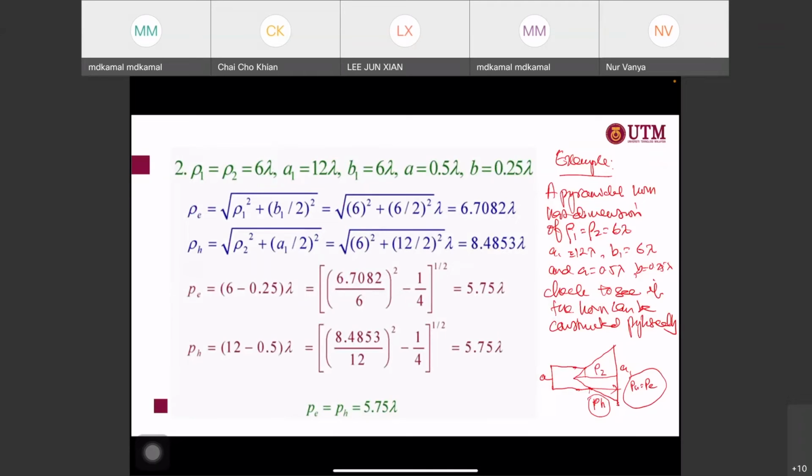If you calculate all these values, you find your rho E and rho H, you are getting these values, and PE and PH, you are getting these two values. You can see that this value is the same. So if the value is the same, you can construct your horn antenna easily.